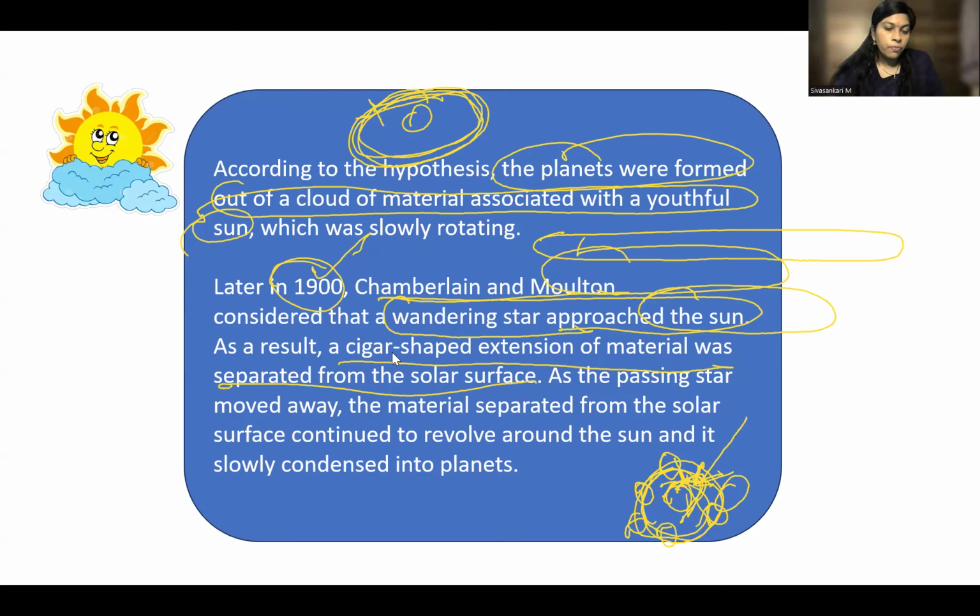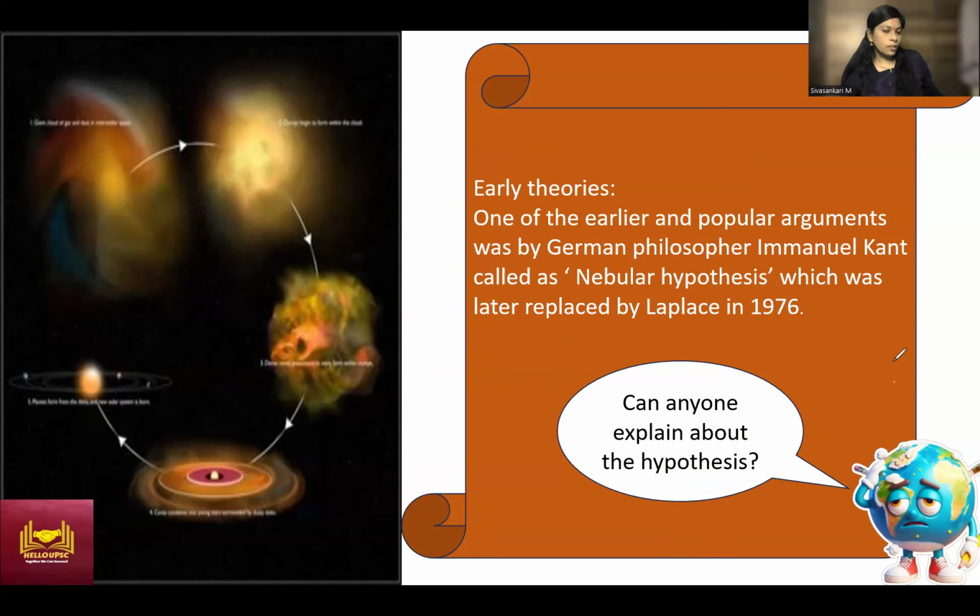See this diagram. Just a minute. So this is how he explained how the material of the sun got separated. A star approached the sun and came near the sun. Tara means a star, no?